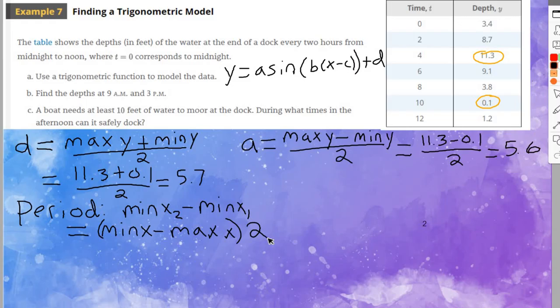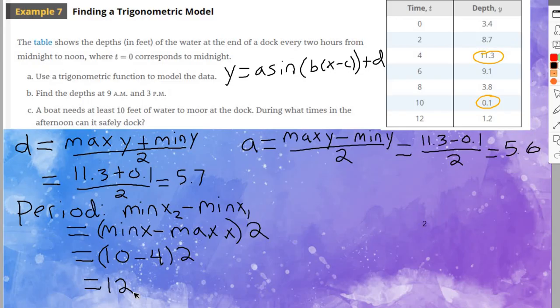So what's our minimum x value? 10. So this is my minimum, right? I'm just looking at the x value that's associated with that value. 10. So then what's our maximum x value? 4. So 10 minus 4 gives us 6, times 2 gives us 12.